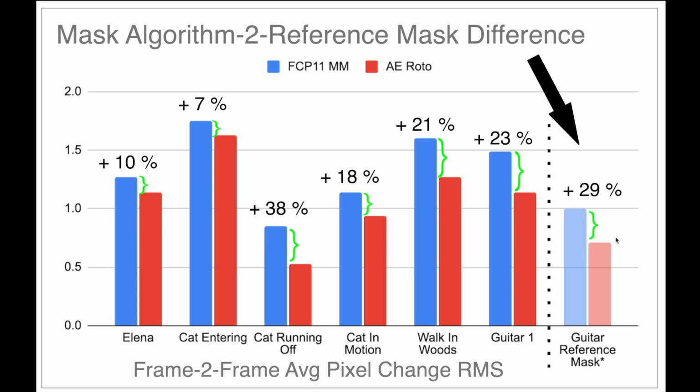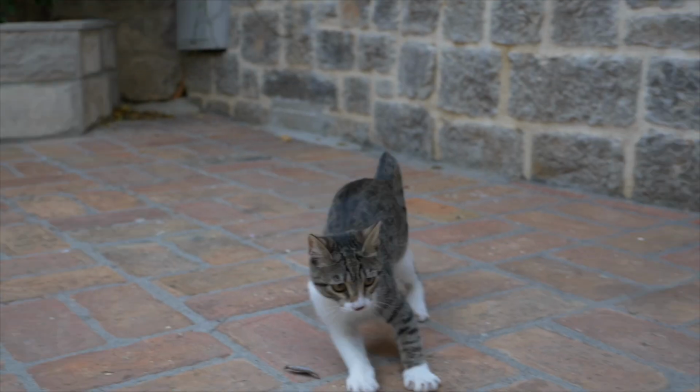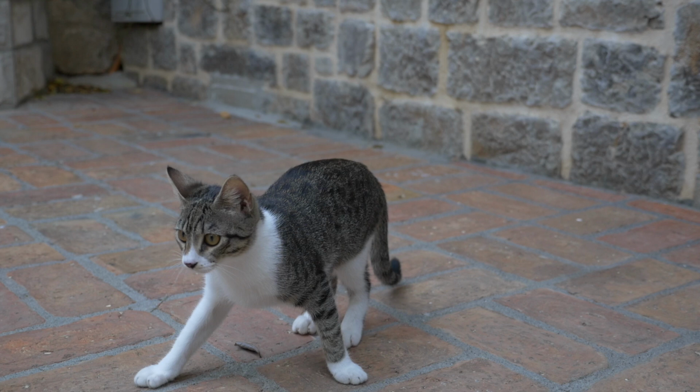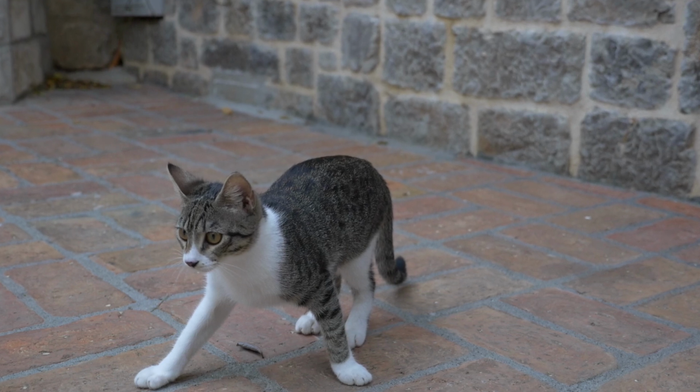And together, these two types of analyses basically confirm what I was seeing in the results, which is Roto Brush is better with edge stability, and overall, except for very fast-moving subjects, in general, its masking is more accurate. So I hope you enjoyed, and that now you have a better understanding of which of these tools might be better for you.